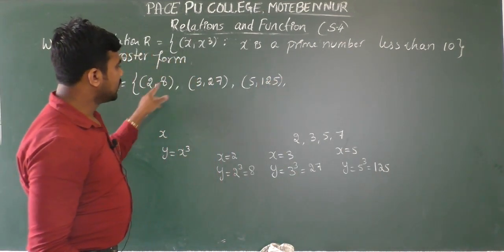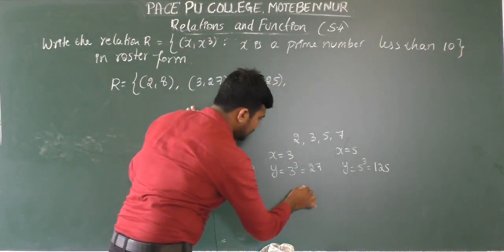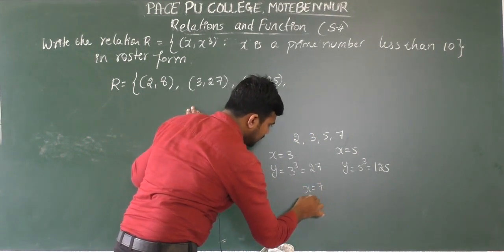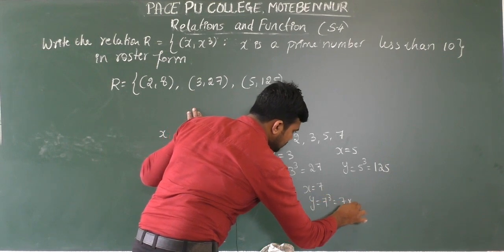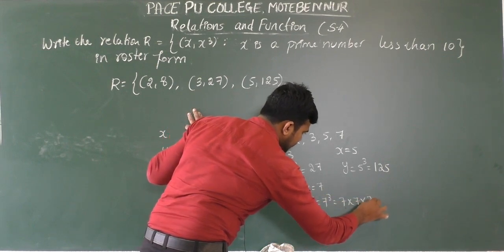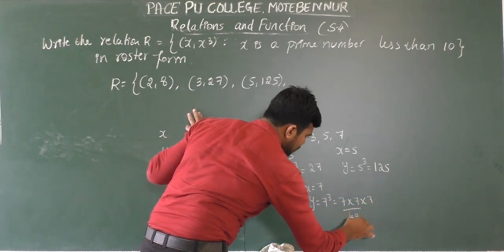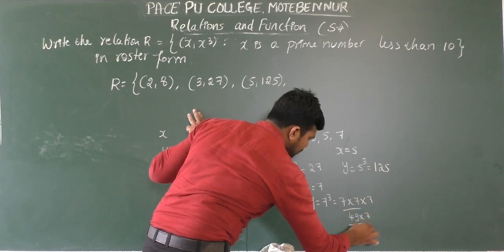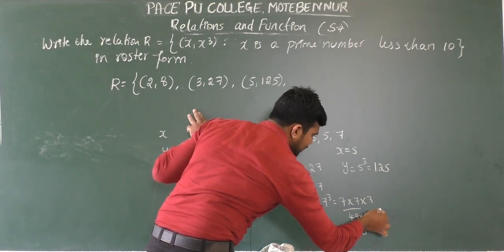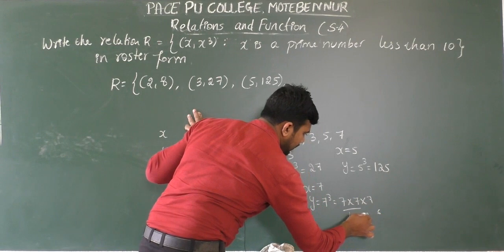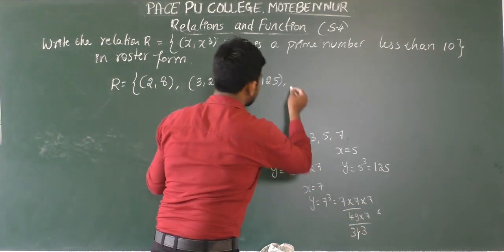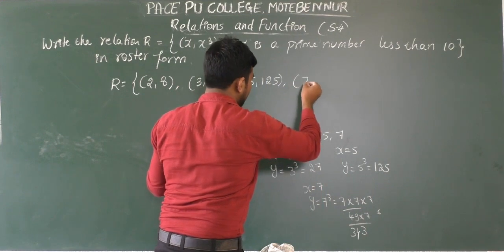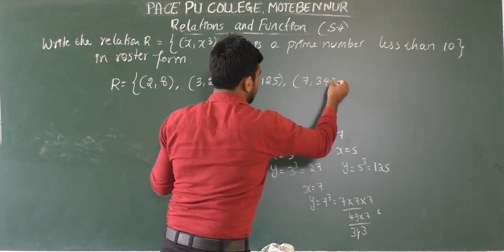And then if you take x is equal to 7, y is nothing but 7 cube. 7 into 7 into 7, that is 49 into 7, and you will get 28 plus 6, that is 34. So that is 343. 7 is related to 343.